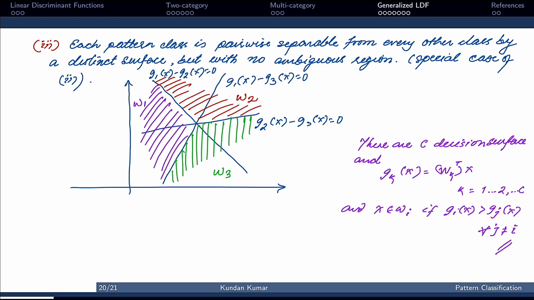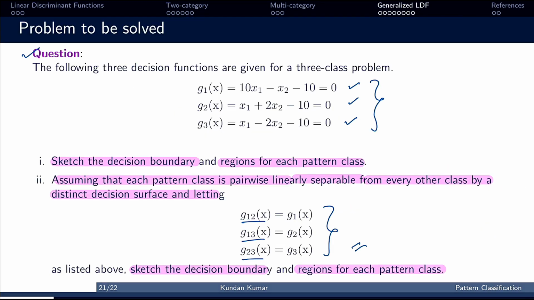So here I tried to illustrate these three cases in more detail.